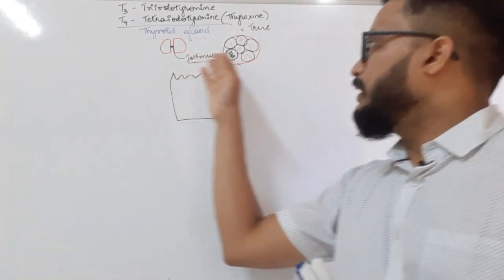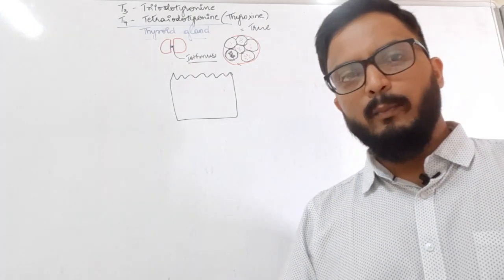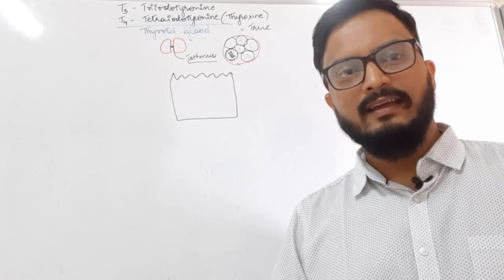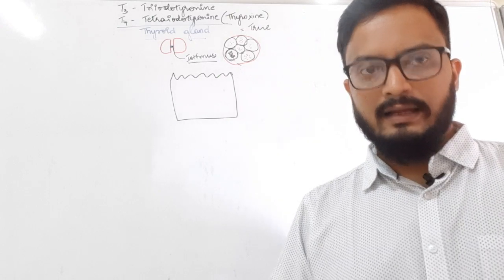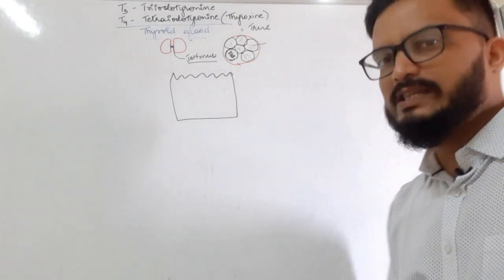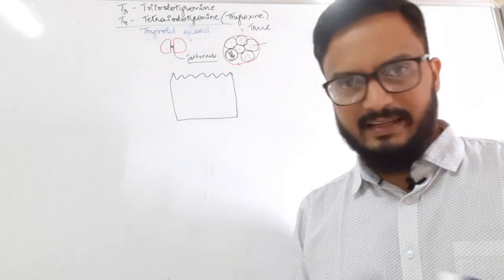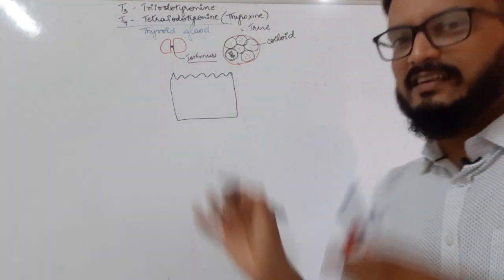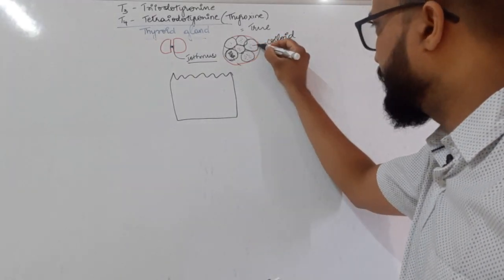So if you look inside the thyroid gland, it is made up of thyroid follicles, which act as the basic functional and structural unit of the thyroid gland. This thyroid follicle has a central compartment which consists of a gelatinous proteinaceous substance referred to as colloid, which is surrounded by a group of thyroid follicular cells.